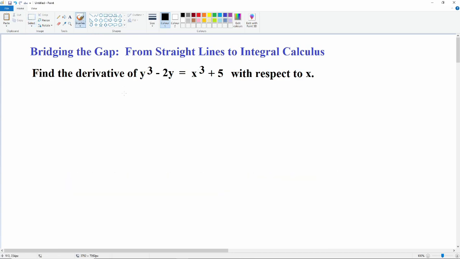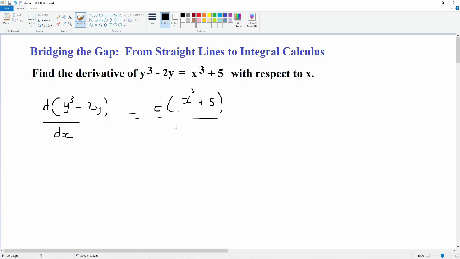So what we can say is that the derivative of y cubed minus 2y with respect to x is equal to the derivative of x cubed plus 5 with respect to x.